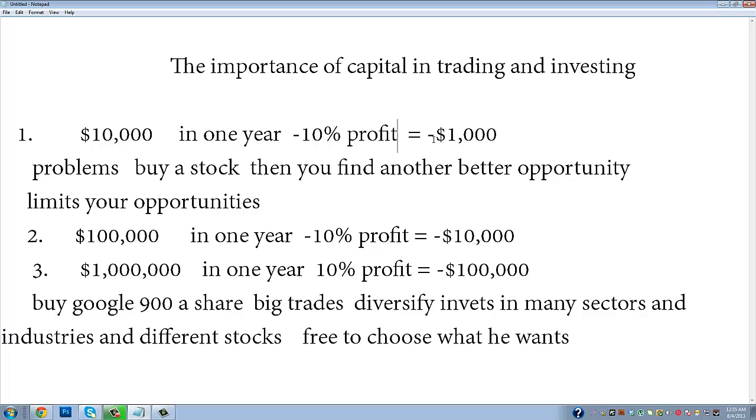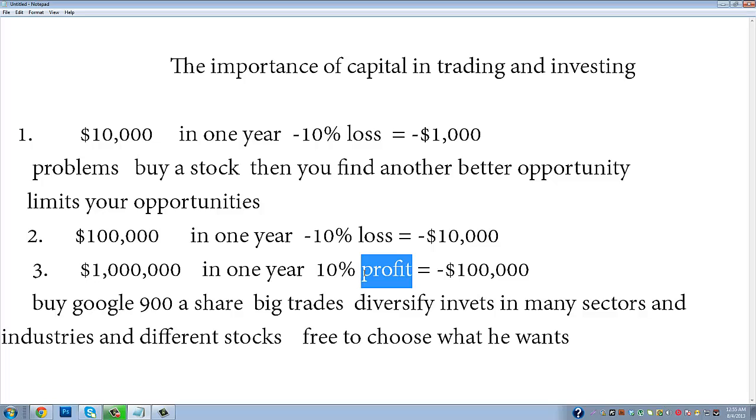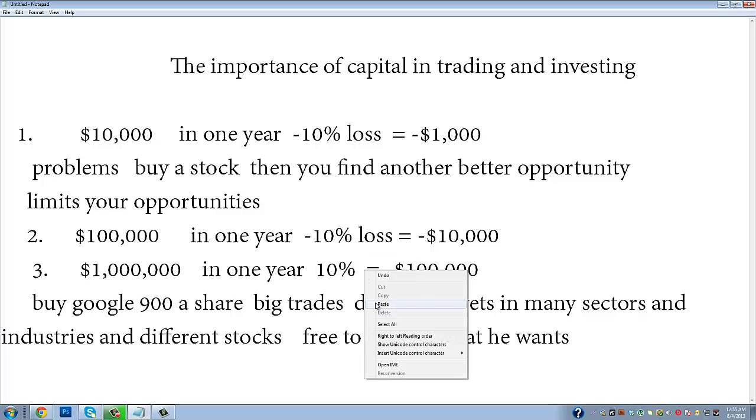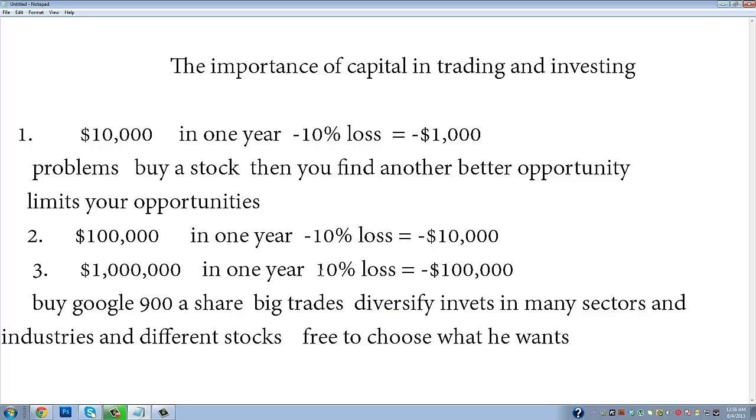So we can change this to a loss, just as an example, to show how your account will increase or decrease. Suppose that you have a loss of 10%, 10%, 10%. You will see what will happen to you.